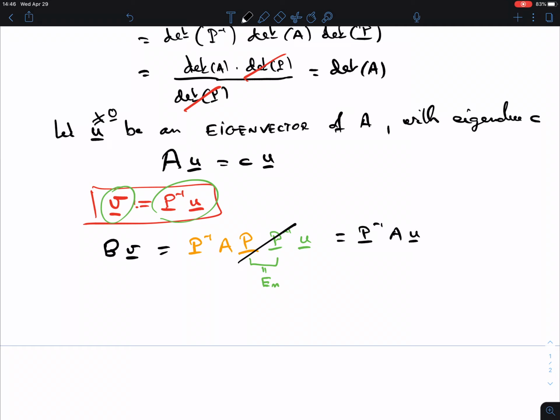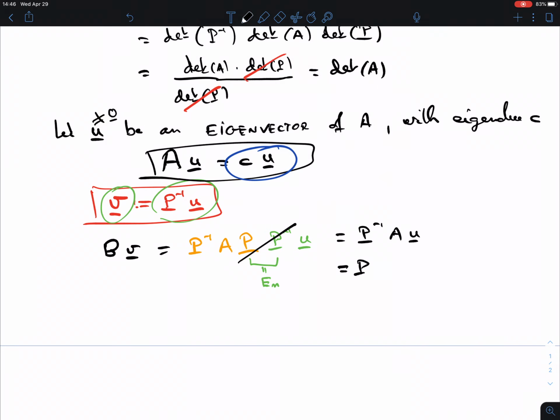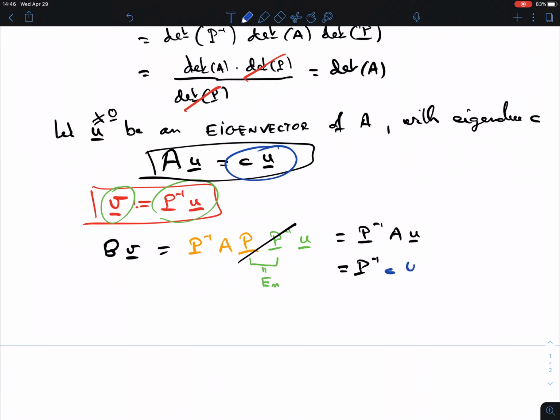Okay. AU, I have this formula for AU, so let's do this in blue now. I'm substituting this one, so I get P minus 1, and now AU, I replace this by my C times U. Now C is a scalar, and in the multiplication of matrices, the order is very important.